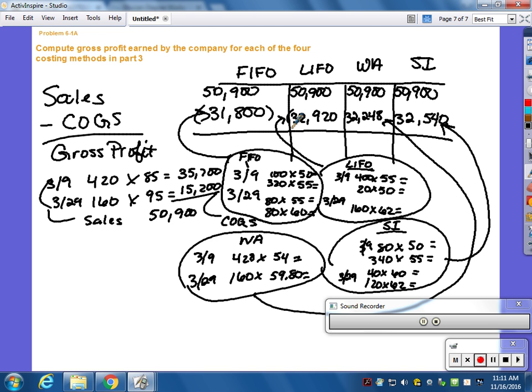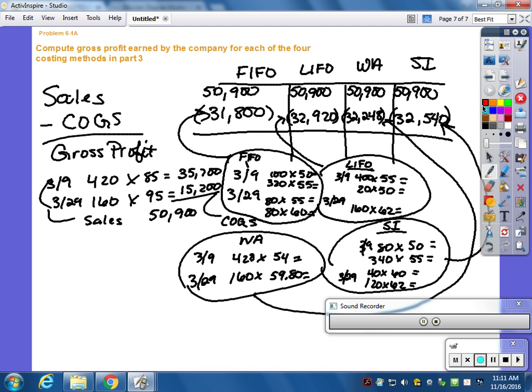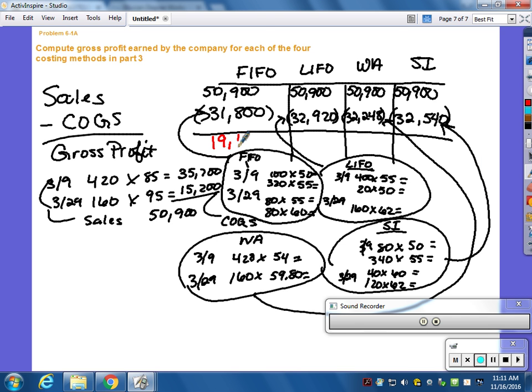So now we can calculate gross profit. What's gross profit for FIFO? $50,900 minus 31,800 is 19,100.